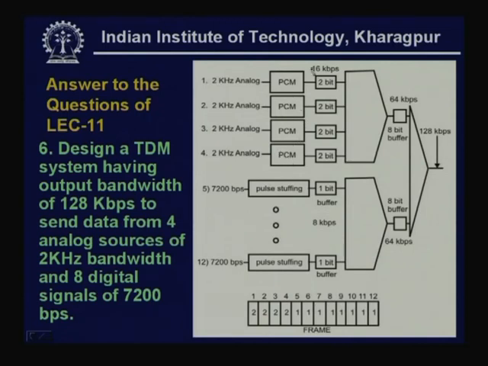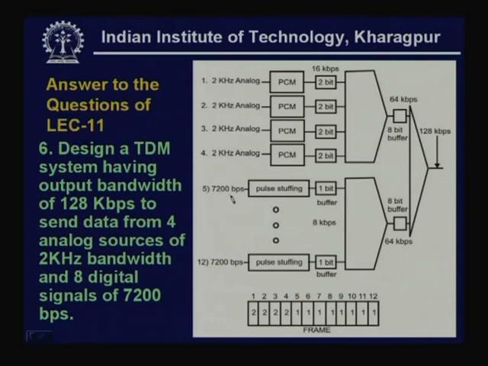Each is converted to 64 kilobits. So, you see 2 kilohertz. So, you have to sample at 4 kilohertz, then each PCM has a 4 bit AD converter. So, you get 16 kilobits for each channel. Then you have got buffers of 2 bits here.